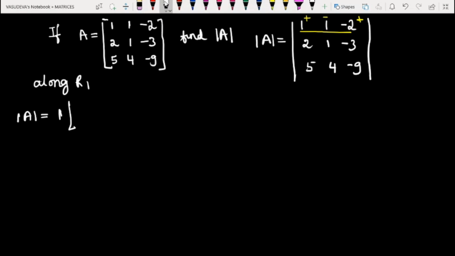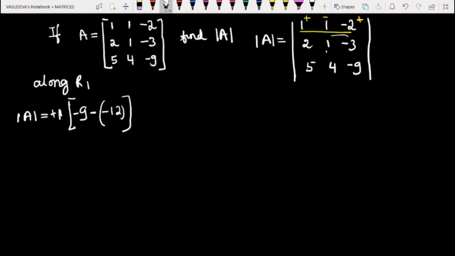So I am expanding: taking the 1, this is plus 1 into minus 9 minus 4 into minus 3, which gives minus 12.